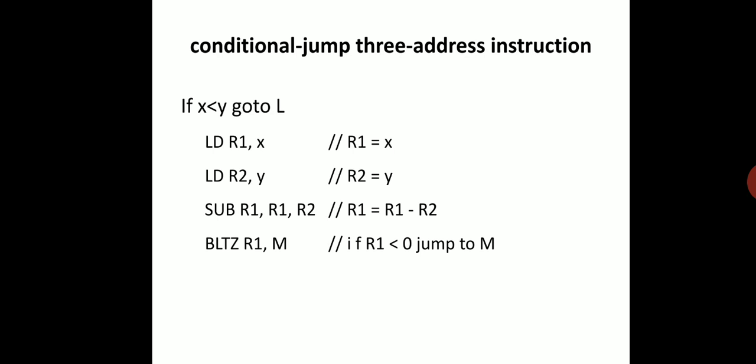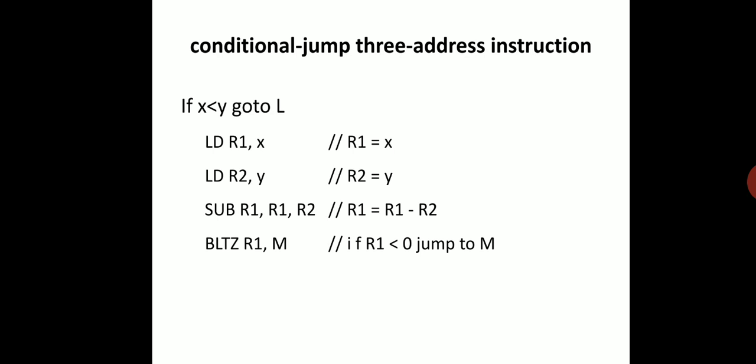Conditional jump three address instructions. Whenever conditional instructions are there, how the three address code or the target program can be constructed is given here. If x less than y, go to L. So load x into R1, load y into R2, subtract R2 from R1, and the result will be there in R1.